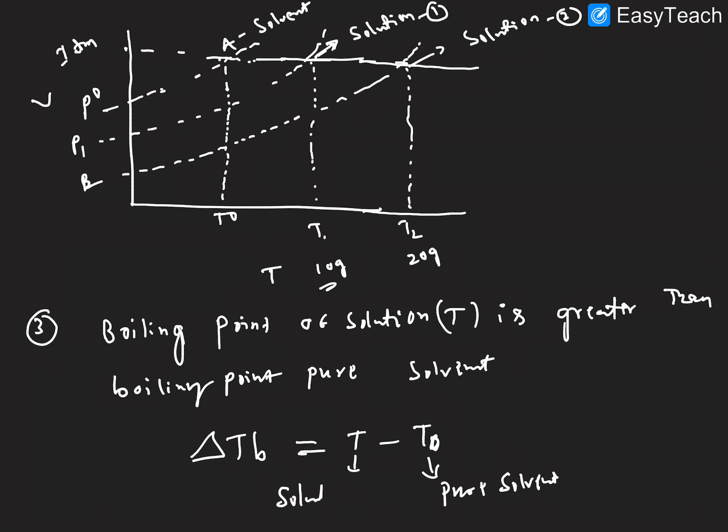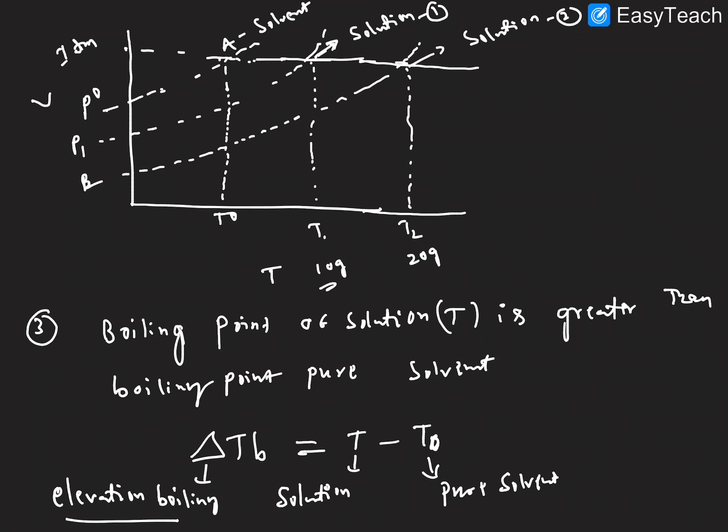T is the boiling point of solution. The difference is called elevation of boiling point. I hope it is clear.